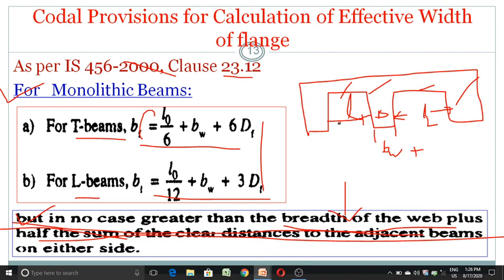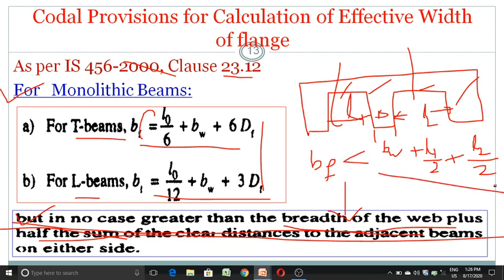So what is the clear distance of adjacent beams? This is one beam and this is one more beam. From this beam, this is L1 and this is L2. What is the half of this? Here we have a half and here we have a half. So this is L1 by 2 plus L2 by 2, right? And whatever value of BF we have calculated from the Codal provision should be less than this value.